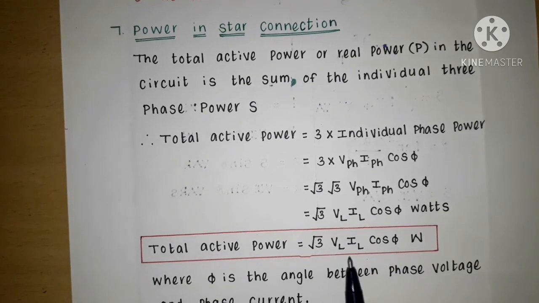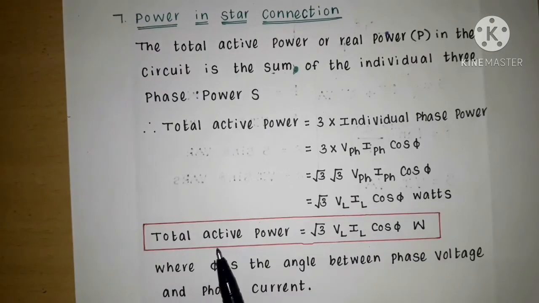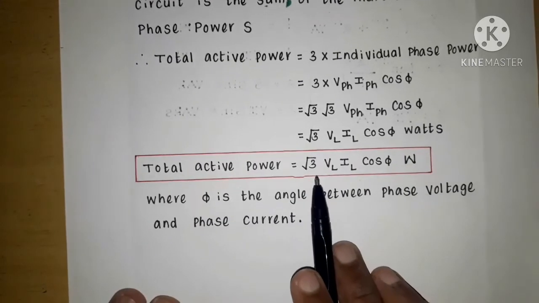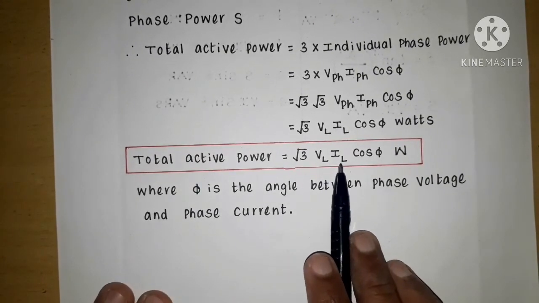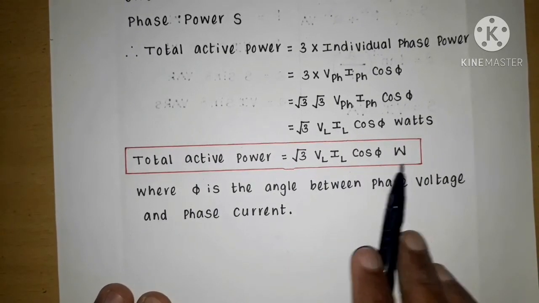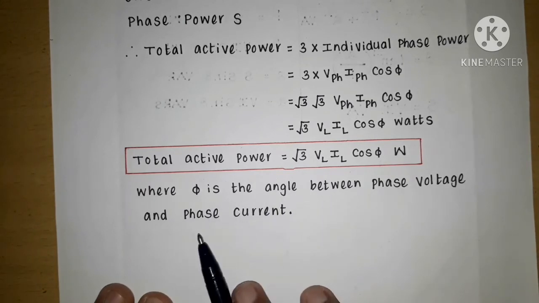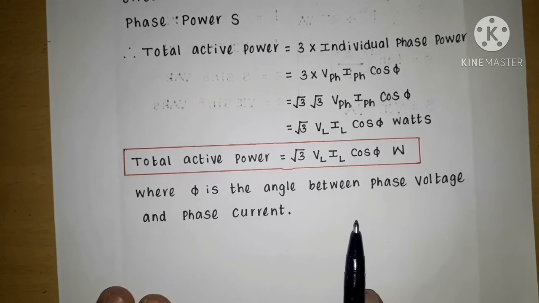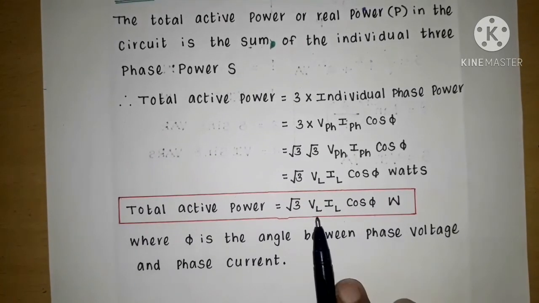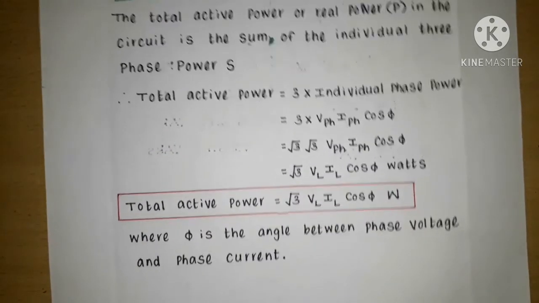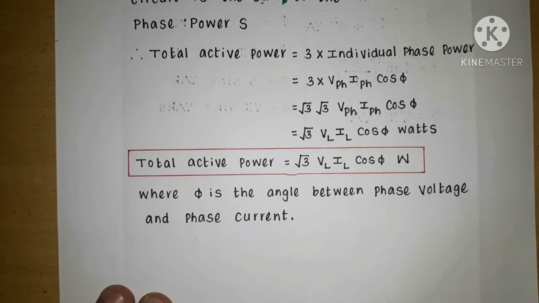In terms of line voltages and line currents, total active power equals root 3 VL IL cos phi watts, where phi is the angle between phase voltage and phase current. That is very important.